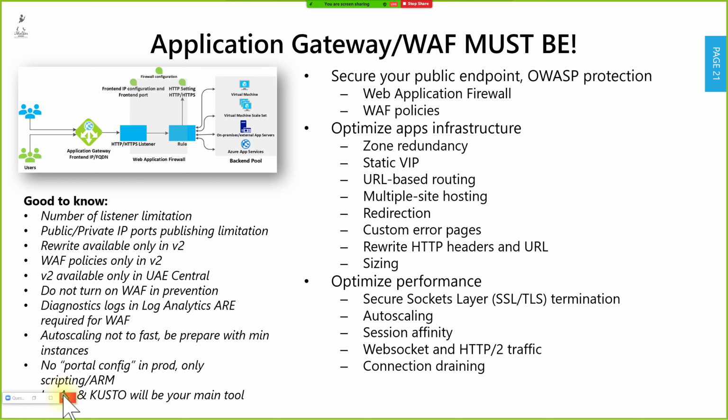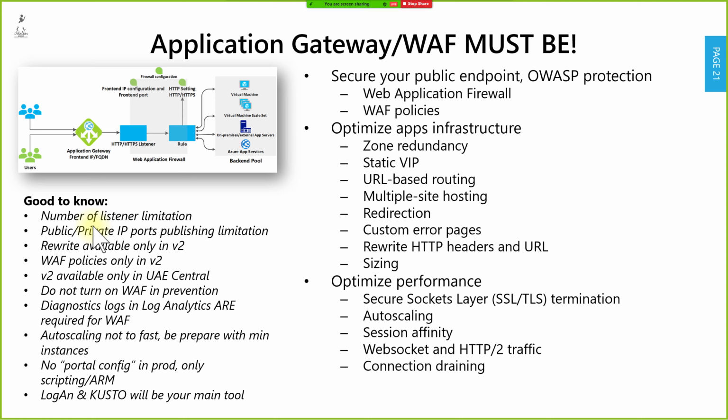But you need to understand that there is a limitation on the number of listeners. There is a big gap and big issue for the WAF. If you use public and private IP with the same port, it's not possible.